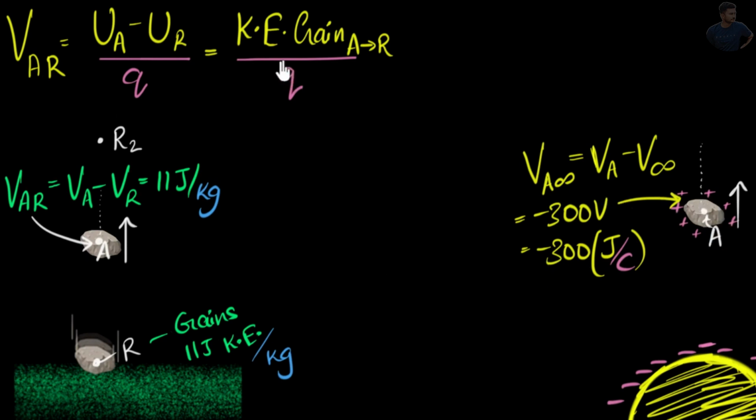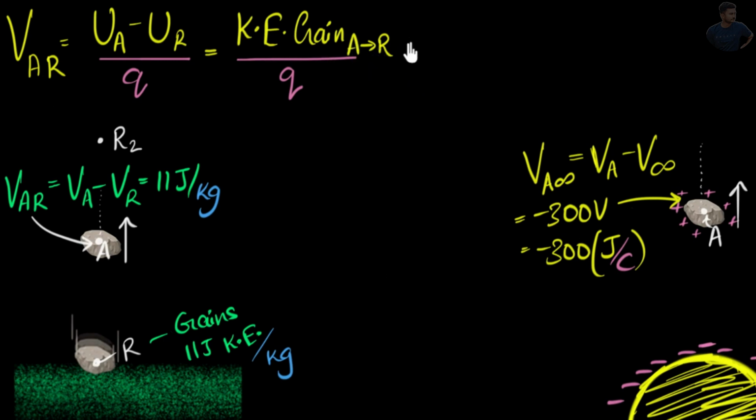Okay, but now we can dig one step deeper and ask, hey, but how do you calculate this? How do we calculate how much kinetic energy is gained or how much kinetic energy is lost? And for that, we use our work energy theorem, something that we may have learned a long time ago. Work energy theorem states work done equals gain in kinetic energy.